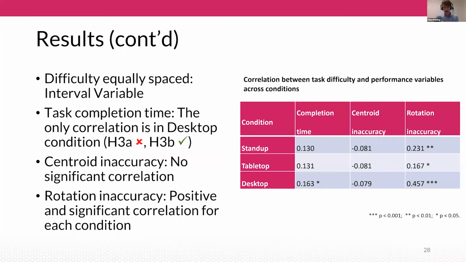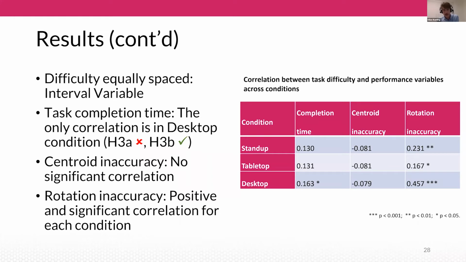In the left column, we see the correlation between task complexity and completion time. There we see a positive correlation for all the conditions, but for the stand-up and tabletop conditions, this correlation is not significantly different from 0. In the desktop condition, we have a positive correlation, so if the tasks become more complex, the subjects need more time to complete them, and this is significant at the 5% level.